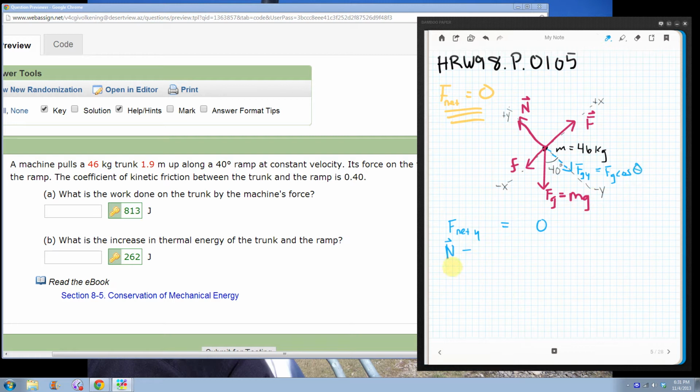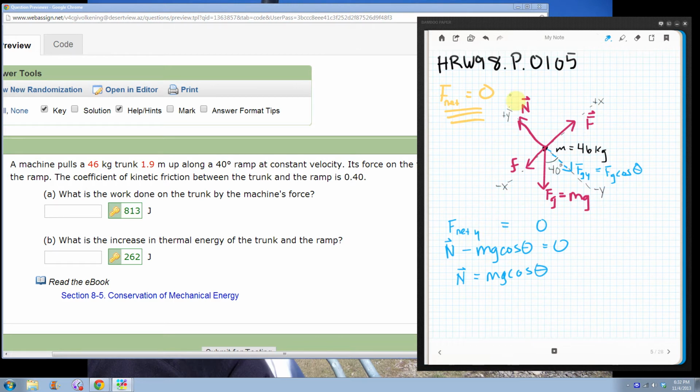Okay, so over here I've got normal force minus Fg, which is mg cosine theta, equals 0. Well, that means that the normal force equals mg cosine theta. Boom. Okay. I could get a number for that, but I'm going to leave it for now so that I don't get calculator errors and rounding errors.